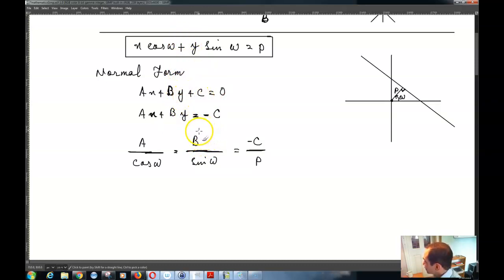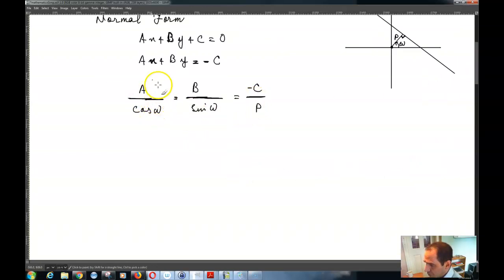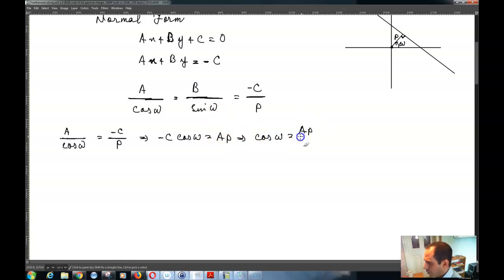So what that means is that you can take this one with this one, meaning you can write a over cos omega is equal to negative c by p, which means that negative c cos omega is equal to a times p, which means that cos omega is equal to negative a p over c.